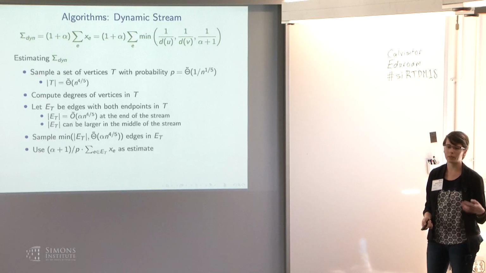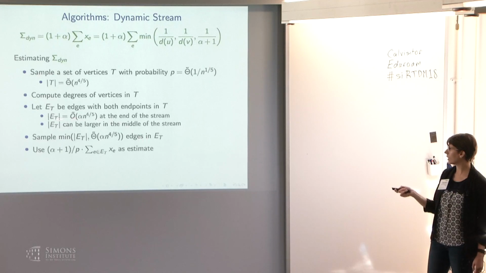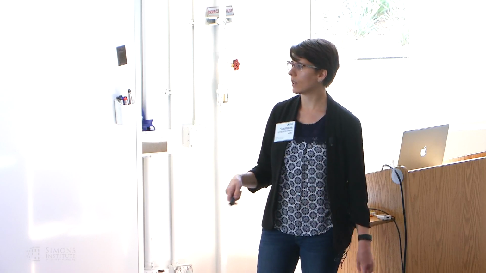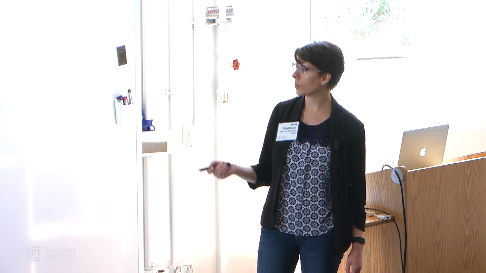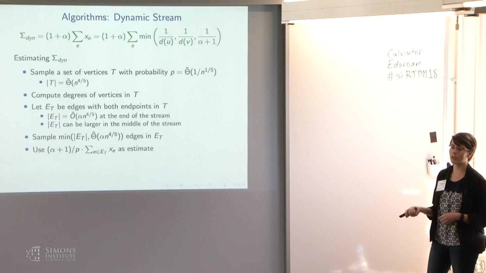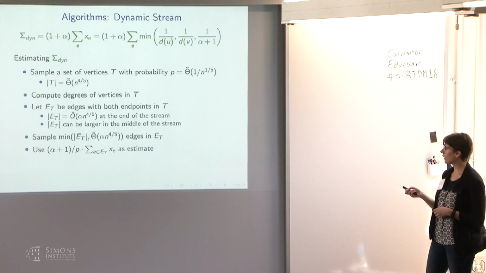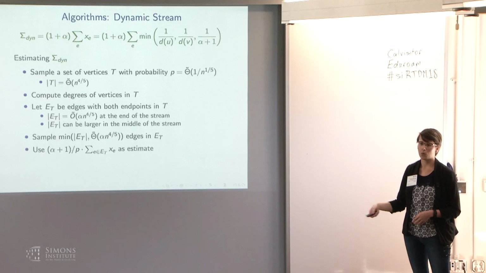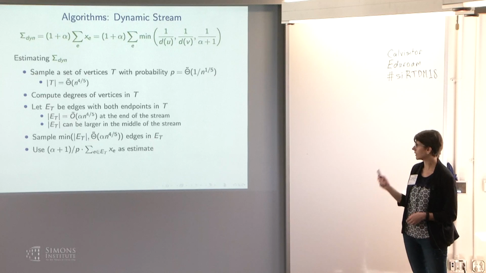However, in the middle of the stream, the arboricity can be higher, so the size of that set can be larger. And if we don't want to use too much space, we can't just collect all the edges in E sub T throughout the stream. What we do instead is we use sampling. In particular, we sample the minimum of the size of the set and alpha n to the 4/5 edges in E sub T. This allows us to limit the space we're using, but at the same time, at the end of the stream, we will collect all the edges in this set.